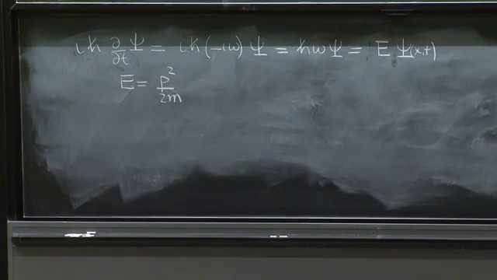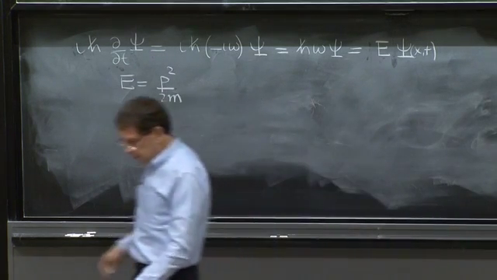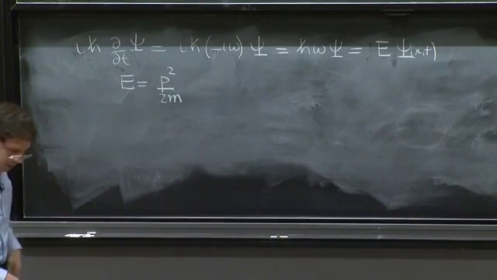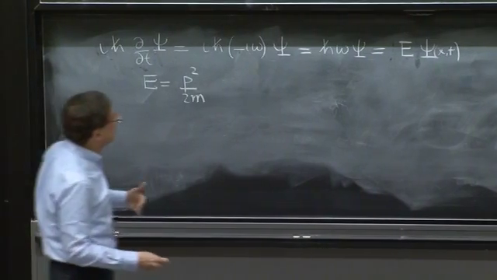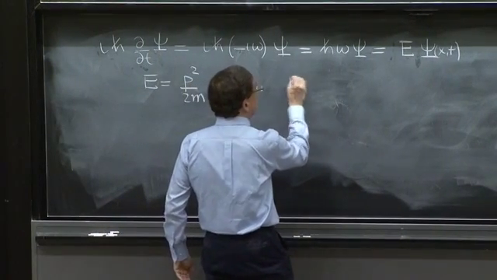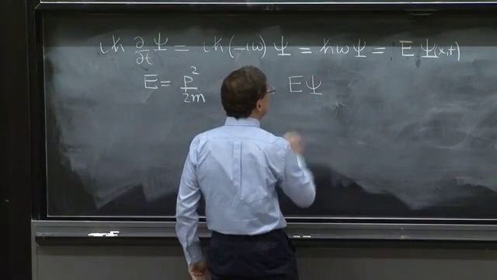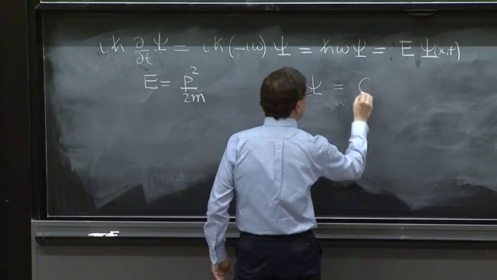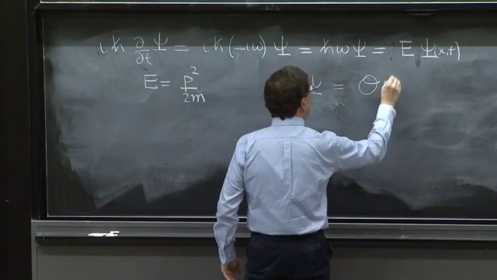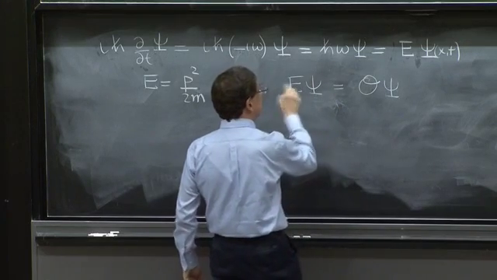So let's see what we're going to do. We're going to do a relatively simple thing in which we're going to walk back. I'm going to start with E psi, and I'm going to invent an operator acting on psi that gives you this energy.